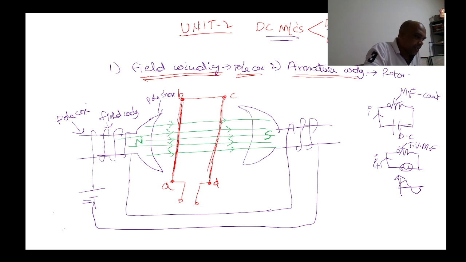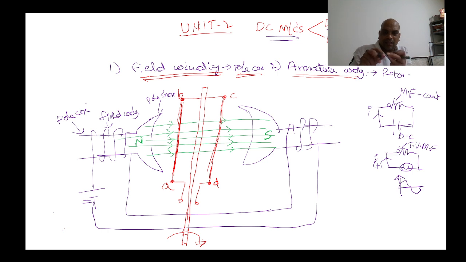If you give mechanical input to the DC generator, that means if you apply force on the conductor, what happens? The conductors will rotate.